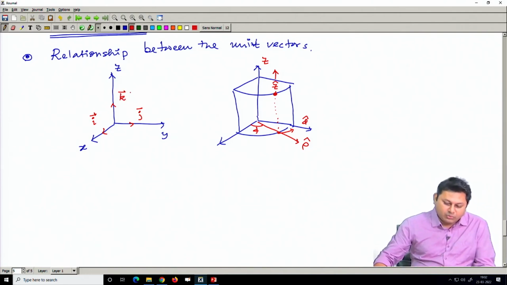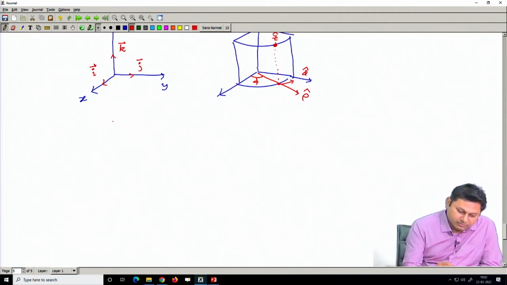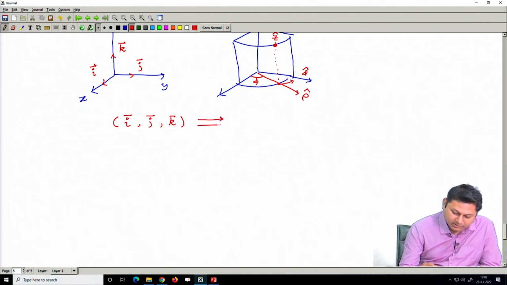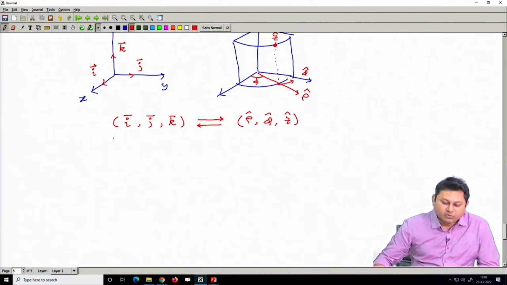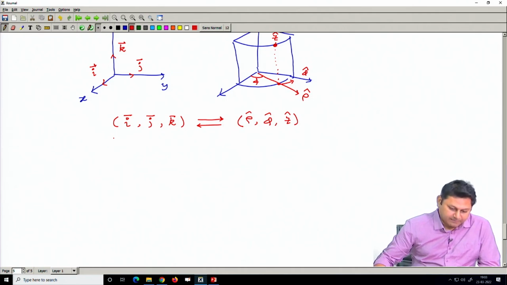Now, we will try to understand the relationship between i, j, and k, and how they are related to the unit vectors rho, phi and z. Suppose I want to define the i unit vector with the unit vectors of rho, phi, z, how do I write this?